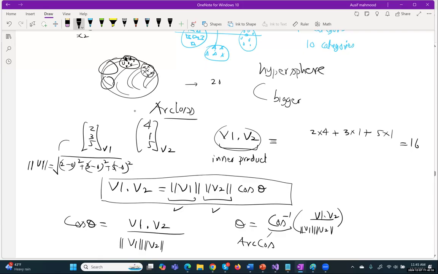Now, what if we normalize the vectors, meaning we take this vector V1 and divide it by the magnitude of V1, and take V2 and divide it by the magnitude of V2? Then what will happen to the magnitude? It will become 1.